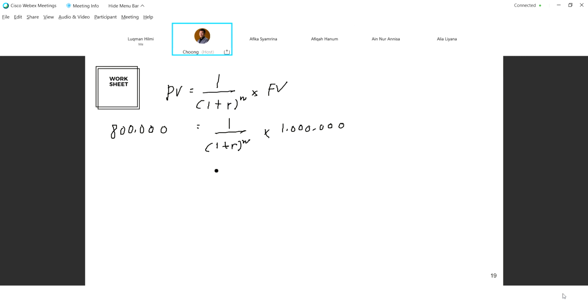So, what is your rate of return? But do it a much more detailed step by class. It's quite funny to do so, but just to show you. Sekarang you nak cari your R tu. Your N is 1 versus 1 year.